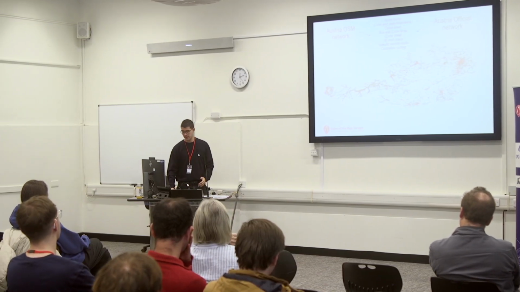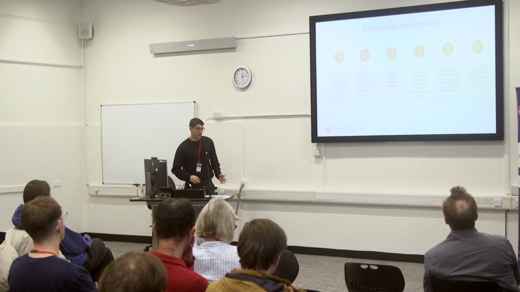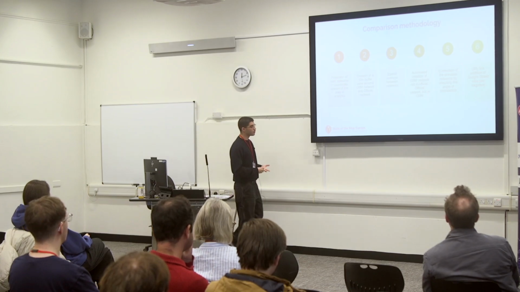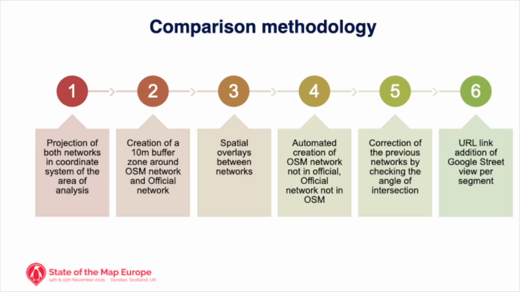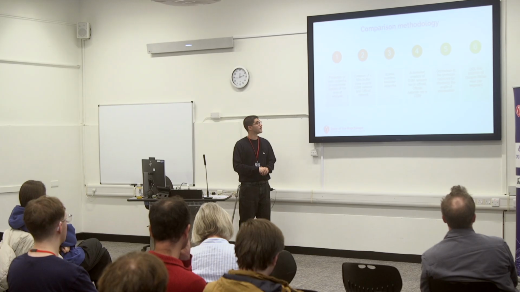We have two networks and we have to compare. What is the methodology that we used in order to compare these two networks? The first part is to project both datasets in the coordinate system of the area of the analysis. So if we have to compare the Austria networks, we have to project them to this coordinate system.